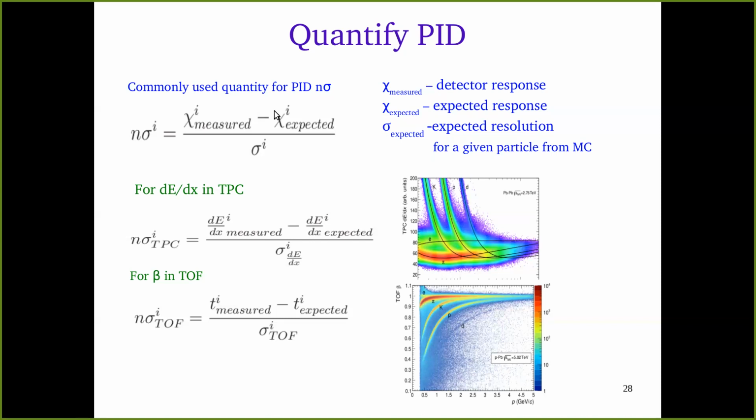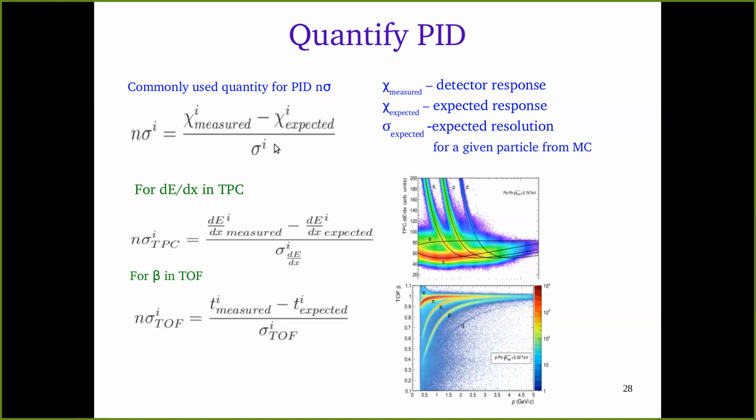In general, this may not be part of your analysis. It has been done by someone else, either from Monte Carlo or from the test beam analysis, where they measure this expected response.